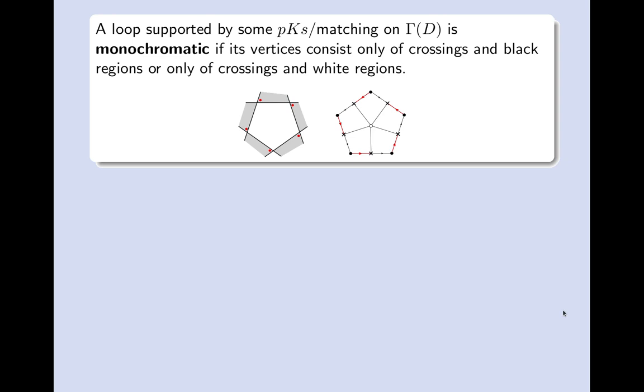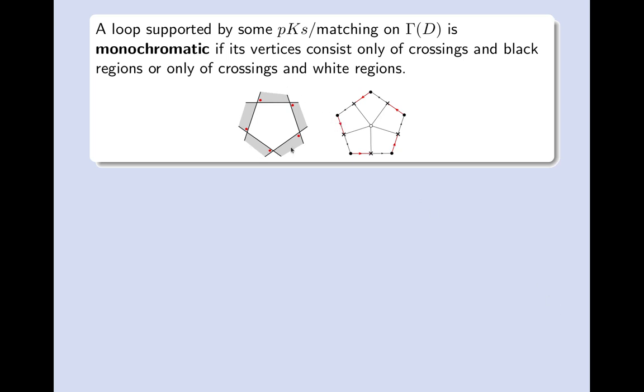we will say that a loop is supported by some partial Kauffman state, or equivalently some matching on the Tait graph of a given projection, is monochromatic if all of the vertices in this loop are either all black and all crossings or all white and all crossings.